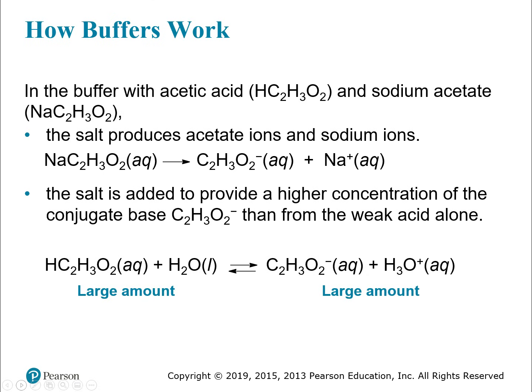So let's say that we have this buffer with acetic acid and sodium acetate. When you dissolve that salt, you're going to make acetate ions and sodium ions. What we really care about is the acetate ions.